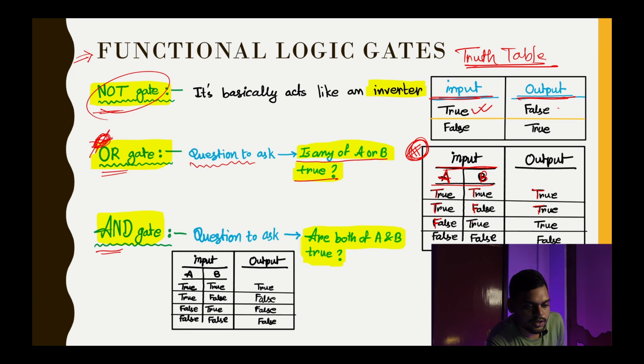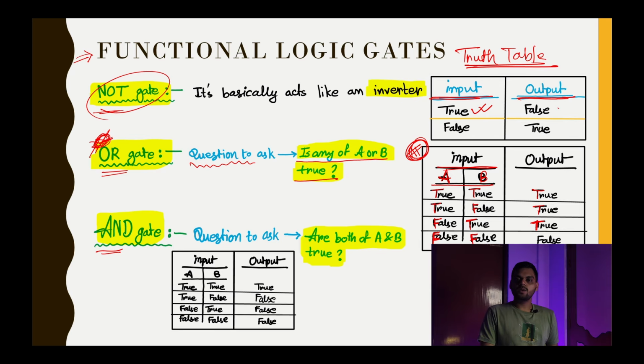The third input, we are taking A as false and B as true. In this case also, OR will ask us, is any of A or B true? We will say obviously B is true. So the output will become true. And the last case, where A is also false and B is also false. In this case, OR will ask us the same question, is any of A or B true?